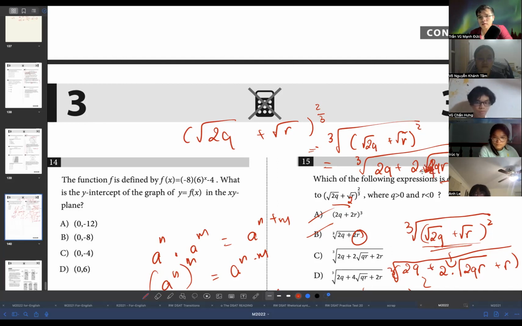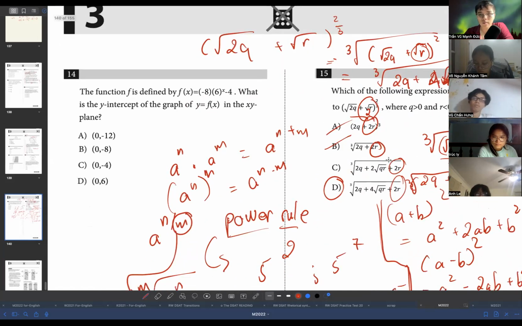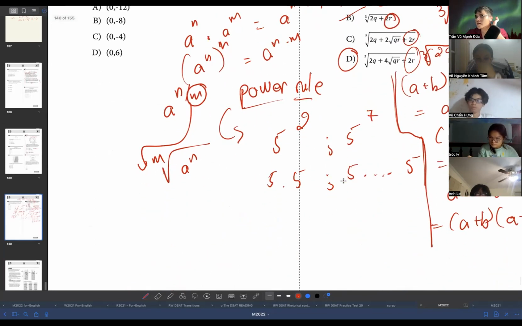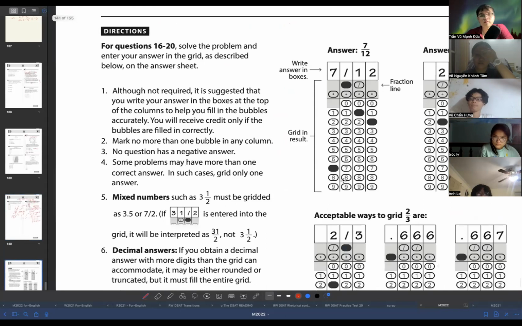So square root of 4 is 2, so 2 times 2 is 4, so it will be D. So sorry guys, this will be square root of 2r, not square root of r. It doesn't make sense because look, these are all 2r, and there's no way that r becomes 2r in this equality. So yeah, it's D. Sorry guys. And next one.